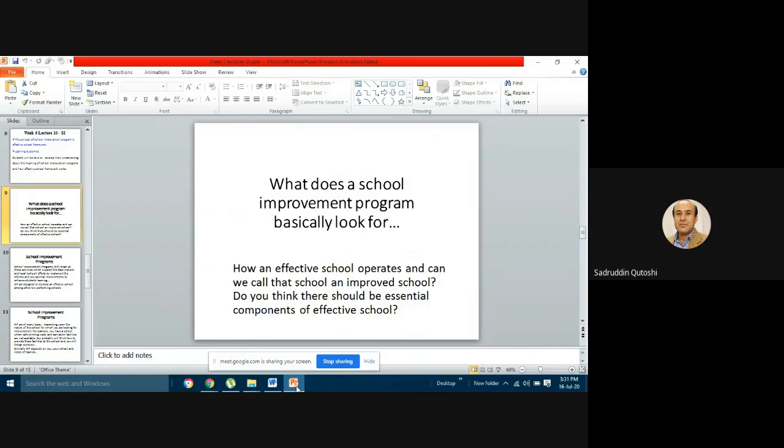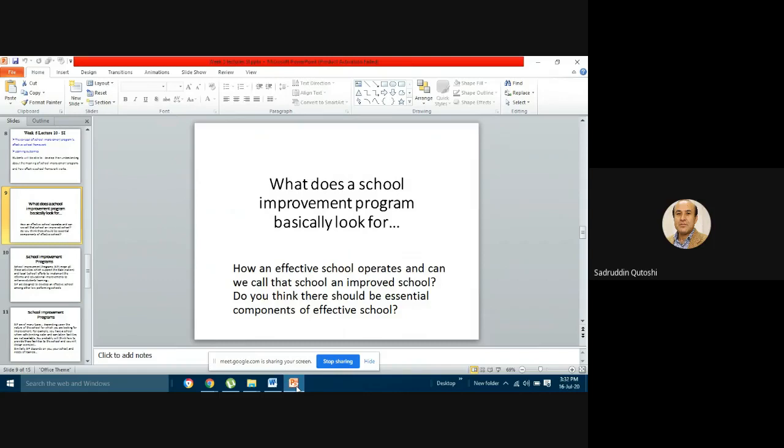So basically, when we look at school improvement programs, we will look at a particular framework that is based on effective schools. Then we will be able to compare our own school and an effective school. What the essential components of an effective school are, and in our own context, in our own school dynamics, what is missing?